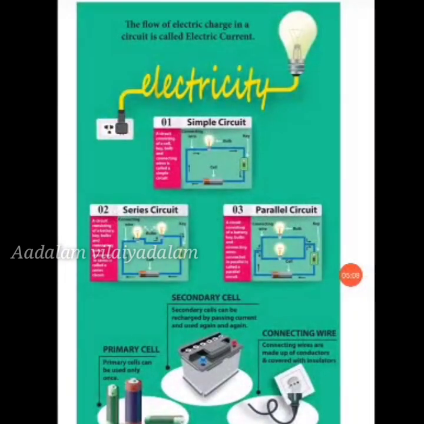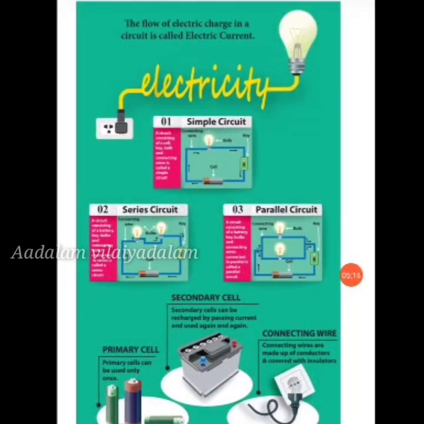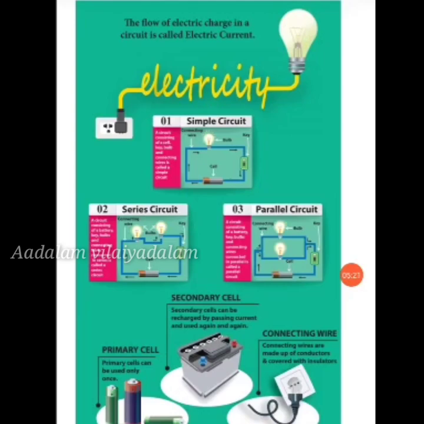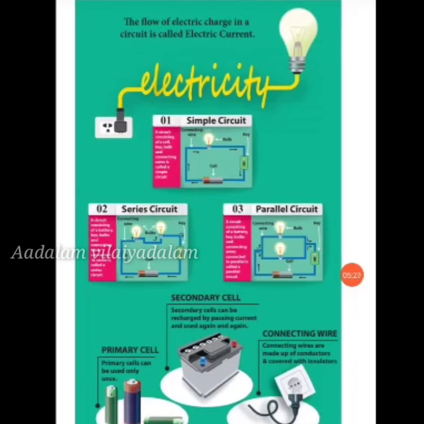Next, what is electricity or electric current? The flow of electric charge in a circuit is called electric current. Okay, what is the circuit? Battery, connecting wires, bulb and switch make the circuit.